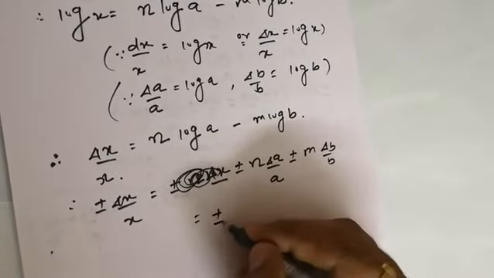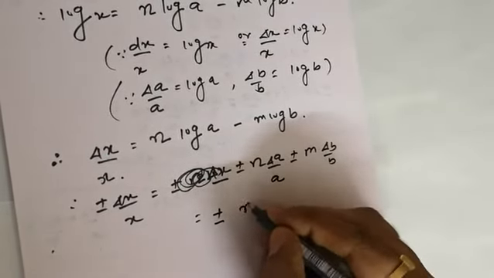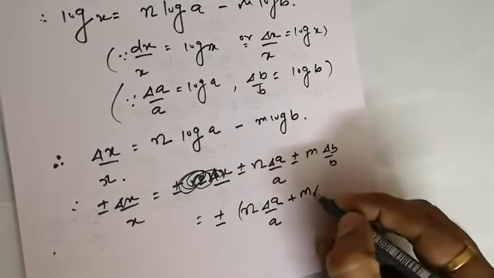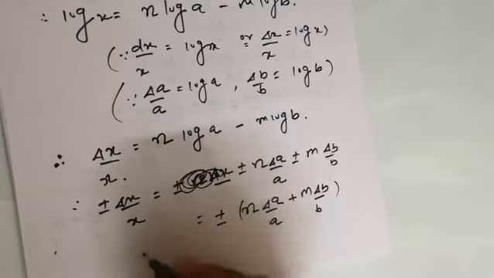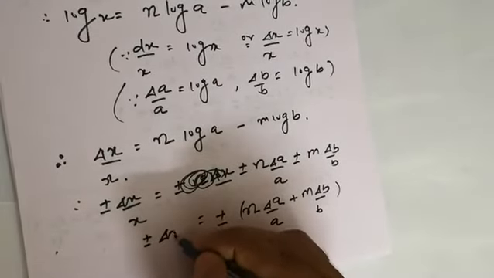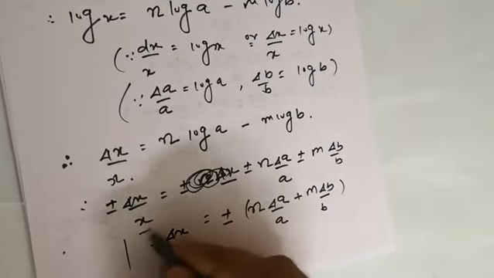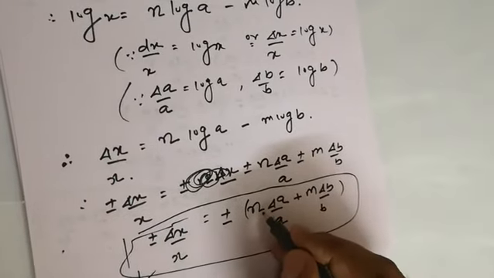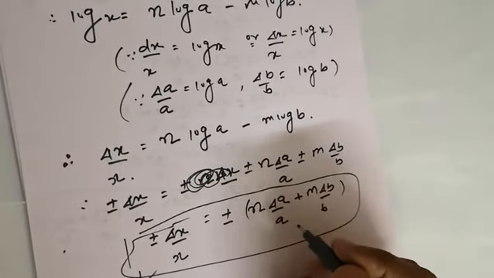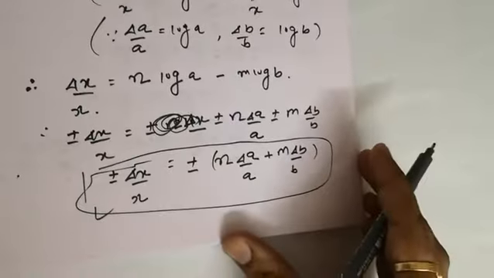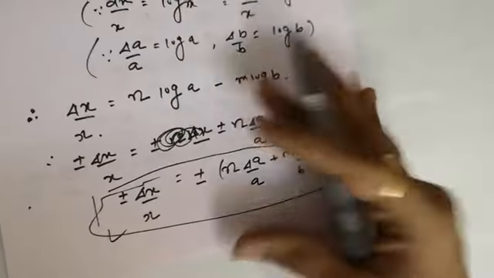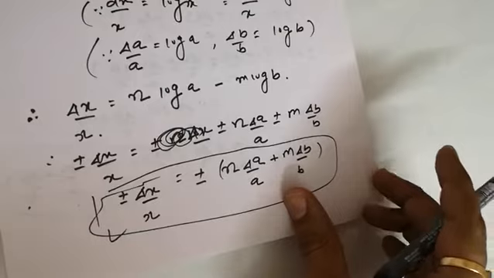As per our rule we put plus or minus outside, so I can have n times delta a by a plus m times delta b by b. So this is called error in the powers, where the error contains powers. So delta x by x, this is the same rule with no difference compared to our previous rules. The only difference is that whichever power it has, that power comes into the multiplication. The remaining rule follows our multiplication property.